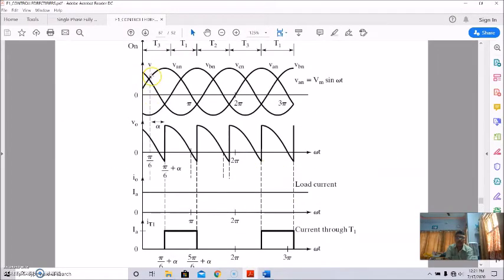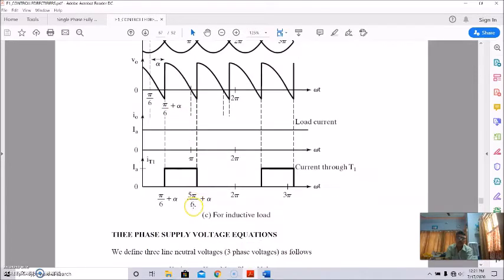So this is the crossover point, and this is pi by 6, or 30 degrees. And this is the firing angle, alpha. So thyristor 1 is fired at pi by 6 plus alpha, that is 30 degrees plus alpha, and it conducts up to 5 pi by 6 plus alpha, that is 150 degrees plus alpha.